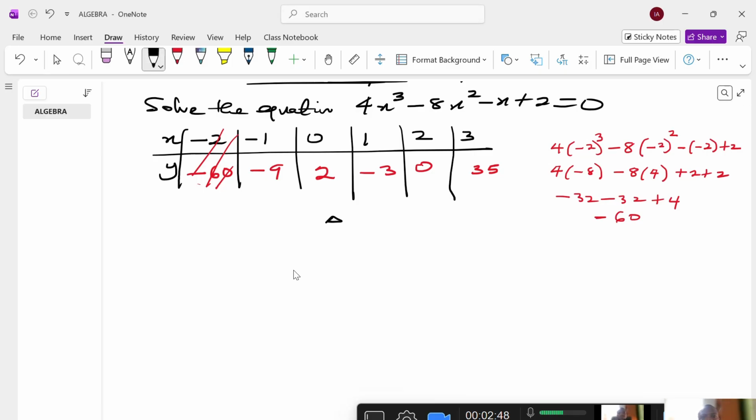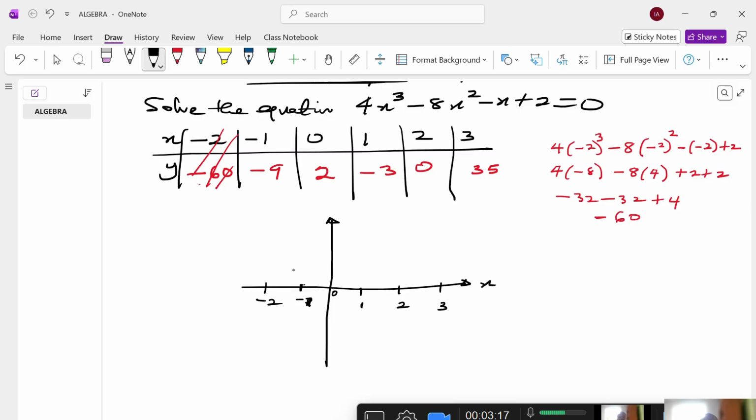Then you draw your y-axis and x-axis. It's just a sketch. It doesn't have to be perfect. So the values of x are minus 2, minus 1, then 0, then 1, then 2, 3.